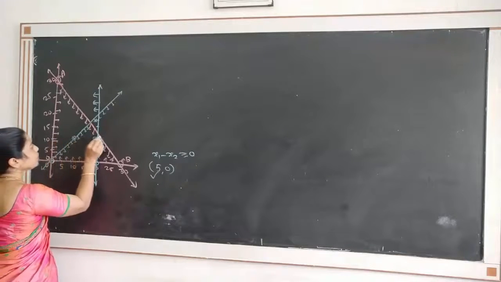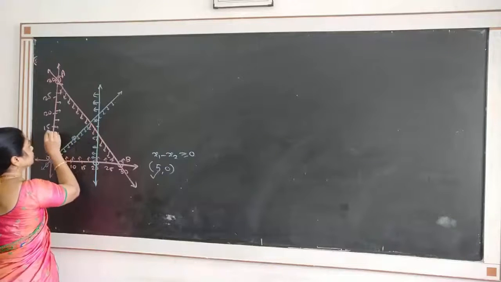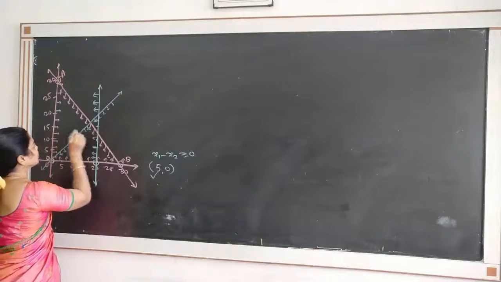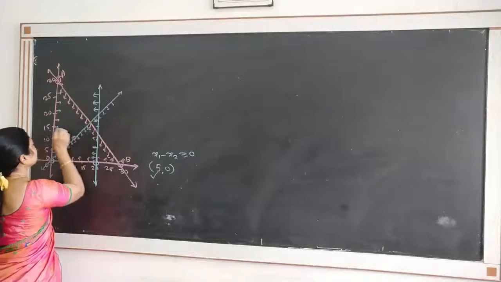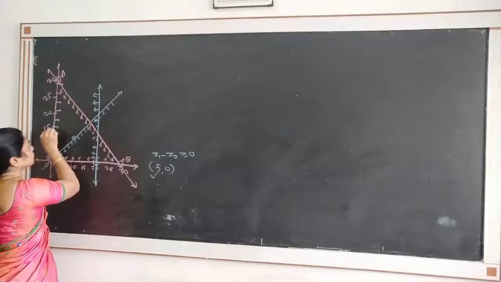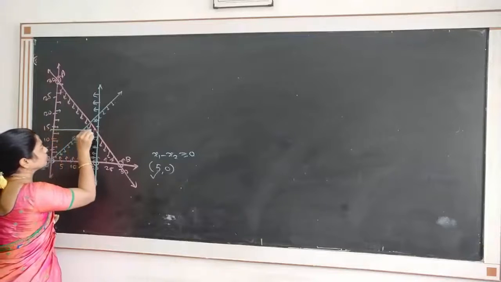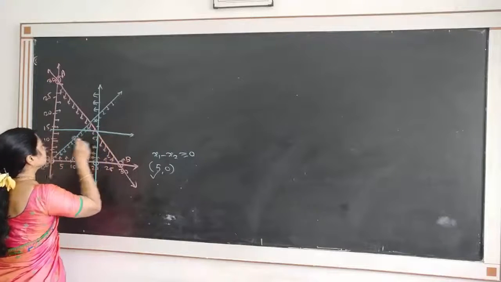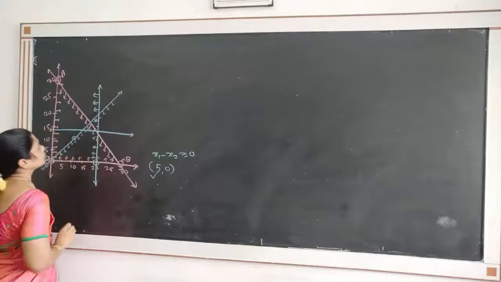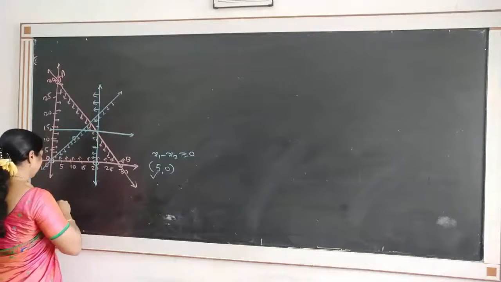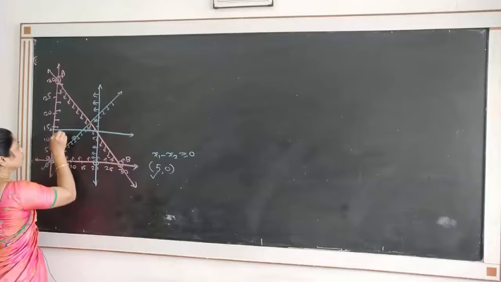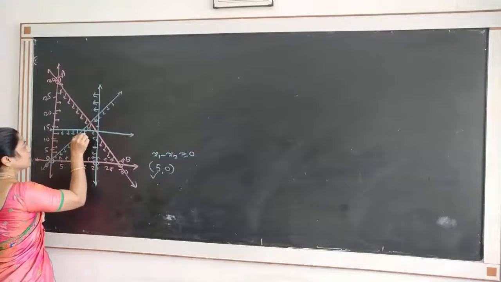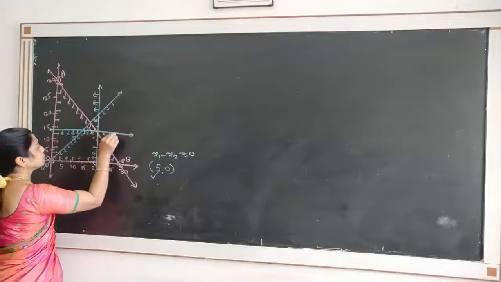See the scale properly. If you put 0, it is satisfied, so origin side.